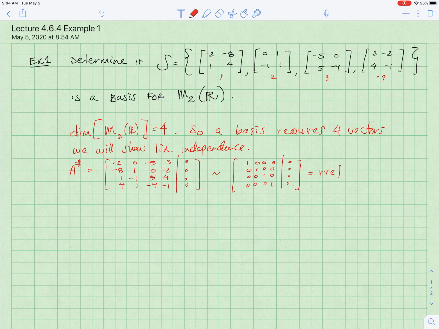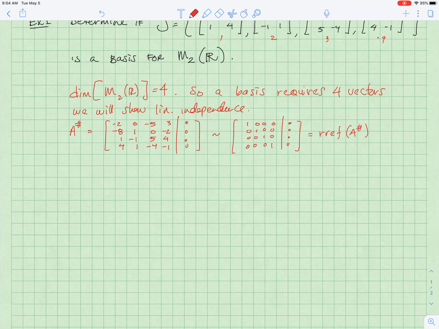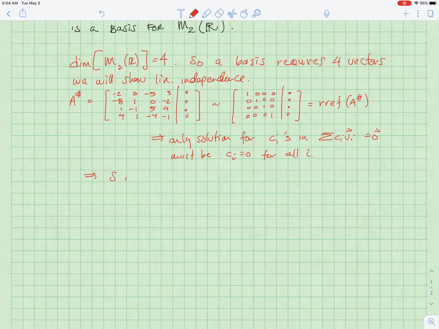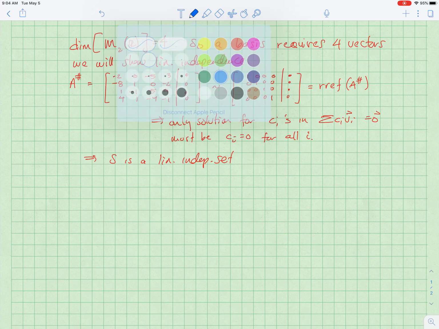This is the RREF of the augmented matrix here, and that is going to tell us that our only solution for the c_i's in the sum of the c_i v_i equal to the 0 vector must be that c_i equals 0 for all i. And thus we have S is a linearly independent set.